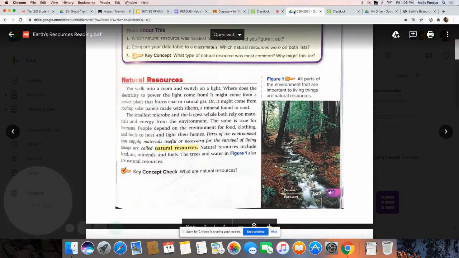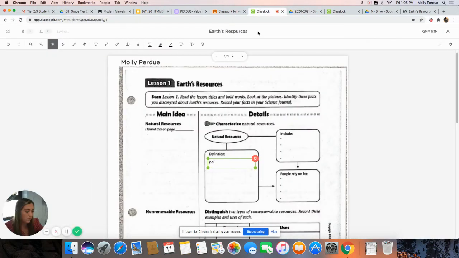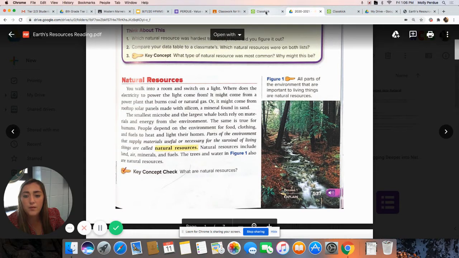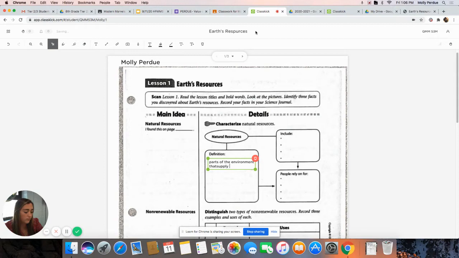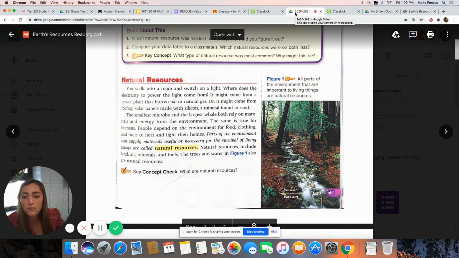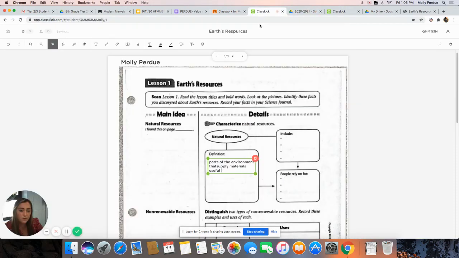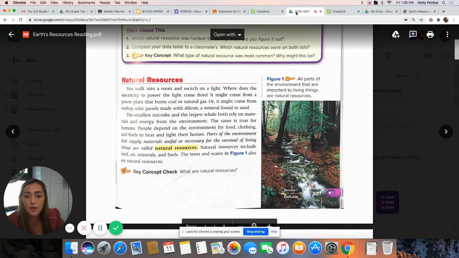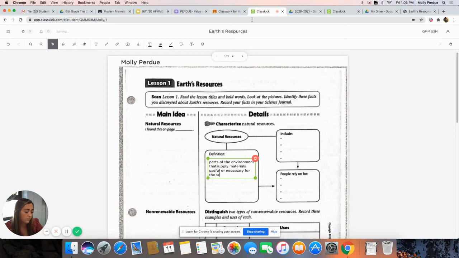And I'm going to say parts of the environment that supply materials useful or necessary for the survival of living things. So I would go ahead and put that in.